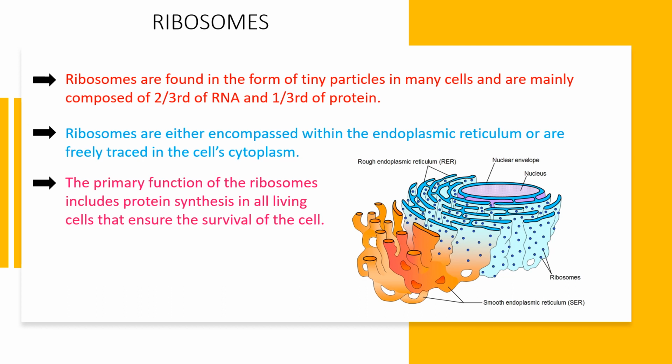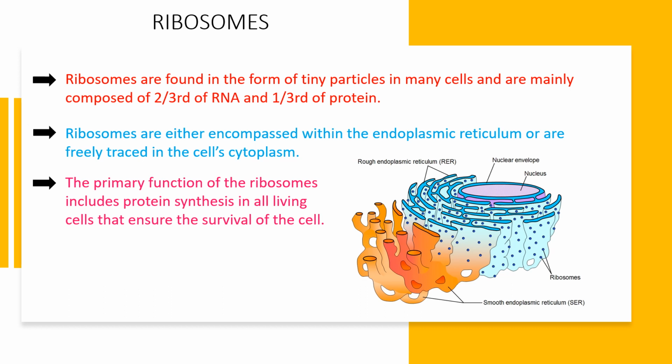Some are on the rough endoplasmic reticulum and some are free in the cytoplasm. So ribosome is composed of two-thirds RNA, ribonucleic acid, and one-third protein.